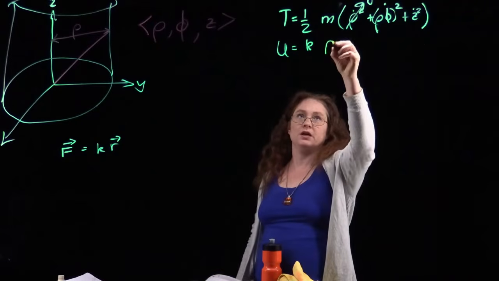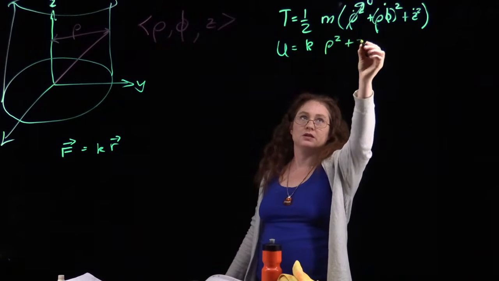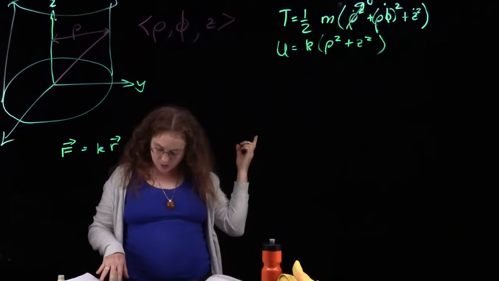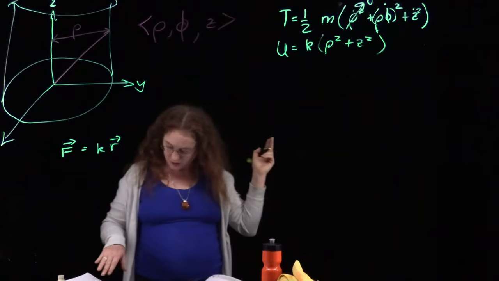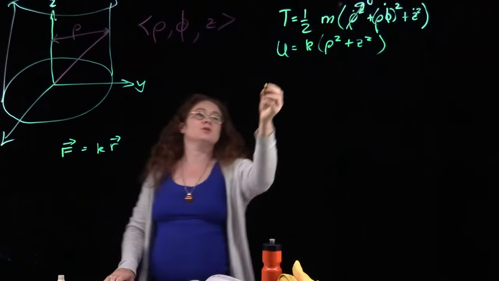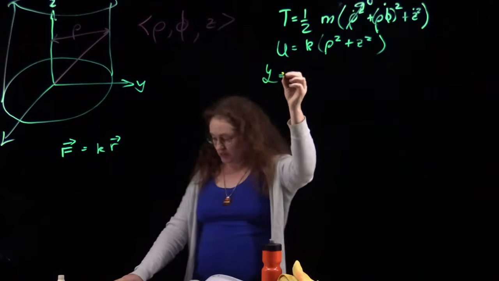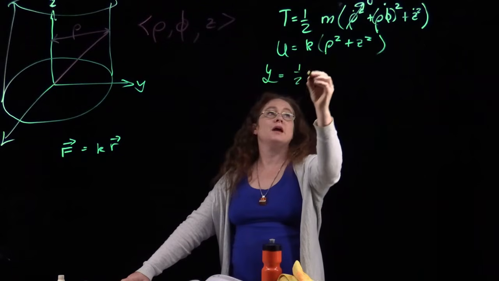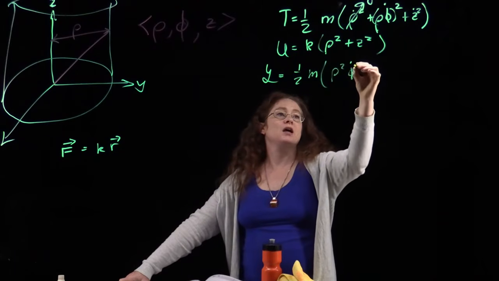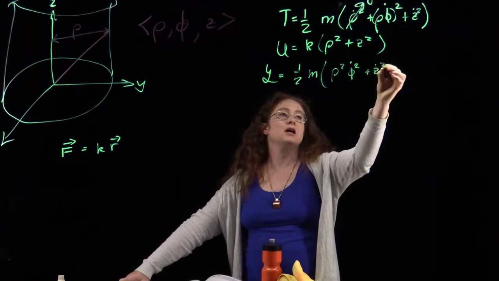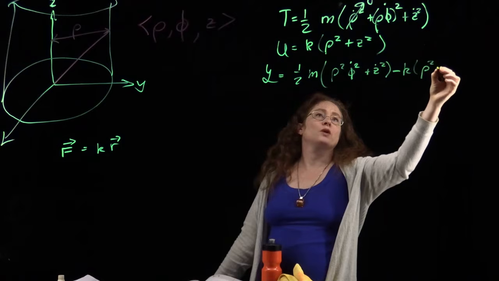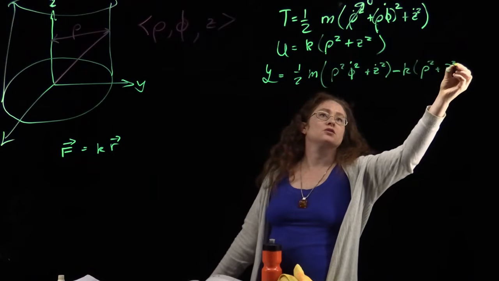So that is going to be rho squared plus z squared. And here, actually, the book called it r. I'm going to stick with rho because I'm halfway there. So then our Lagrangian is 1/2 m rho squared phi dot squared plus z dot squared minus k rho squared plus z squared.